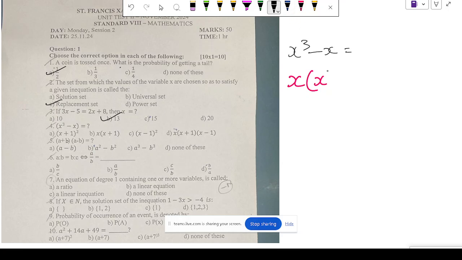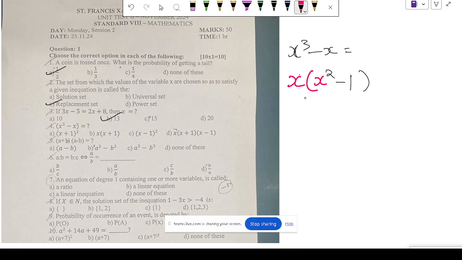X into x plus 1, sir, because nothing is common, I mean, both of them get cancelled, so it's 1. No. If I take x out from these two, what do I get? X common. When you divide, what's the remainder you get? X square minus 1.